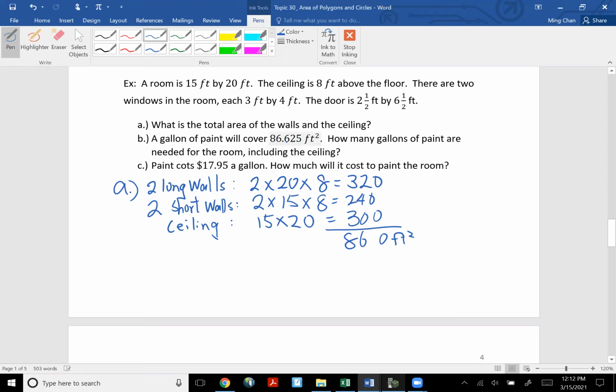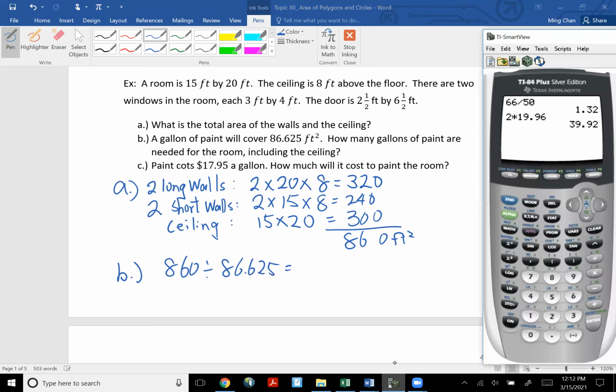Okay, a gallon of paint will cover this many square foot. So how many gallons of paint are needed? So again, we divide 860 divided by 86.625.